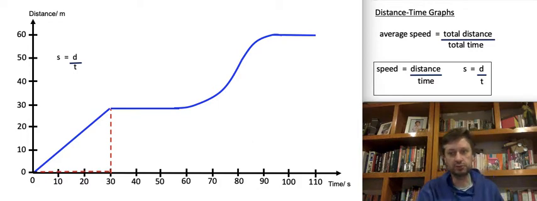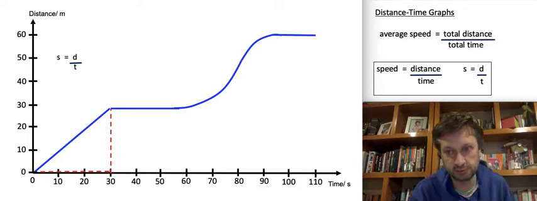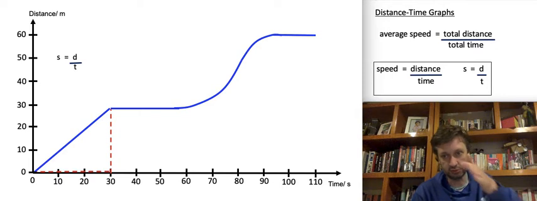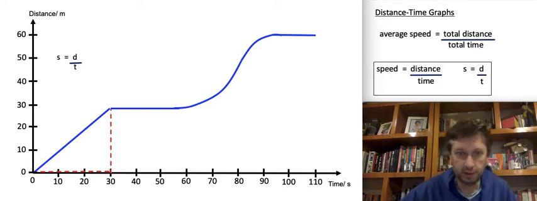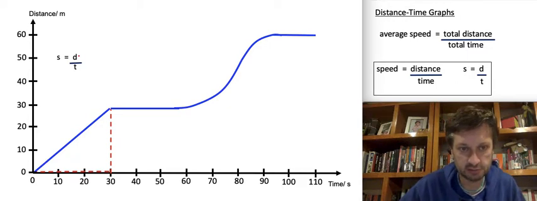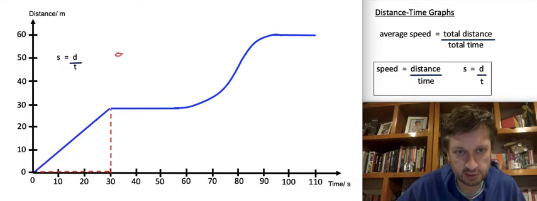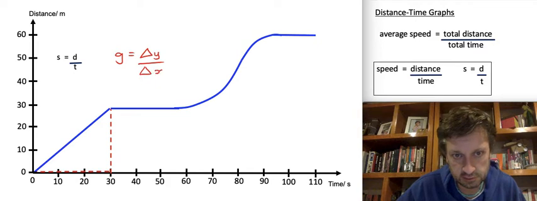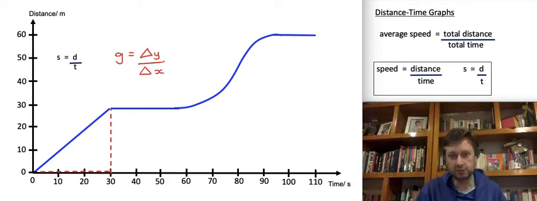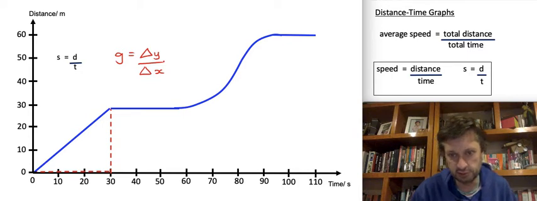Okay, so let's return to the first part of the journey. It's an upwards slope, and we can consider the equation here. Speed equals distance over time, or S equals d over t. Now you should know from maths that gradient is change in the y-axis divided by change in the x-axis. The little triangle represents change.